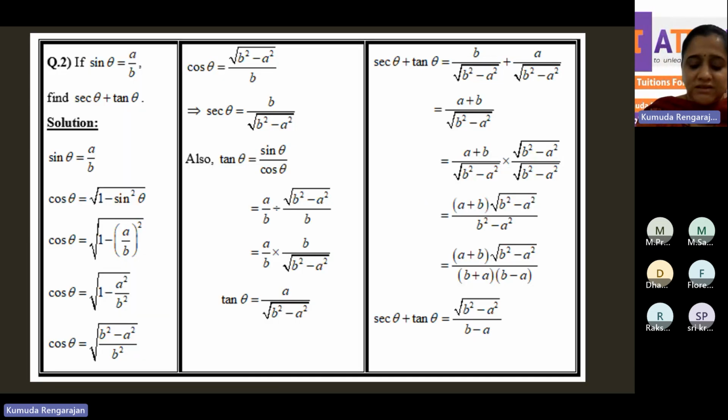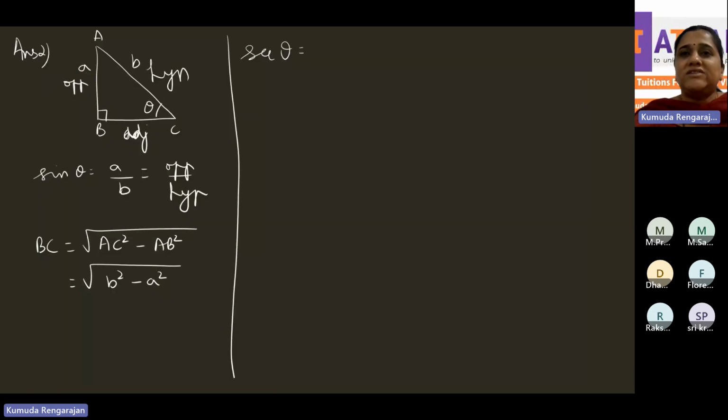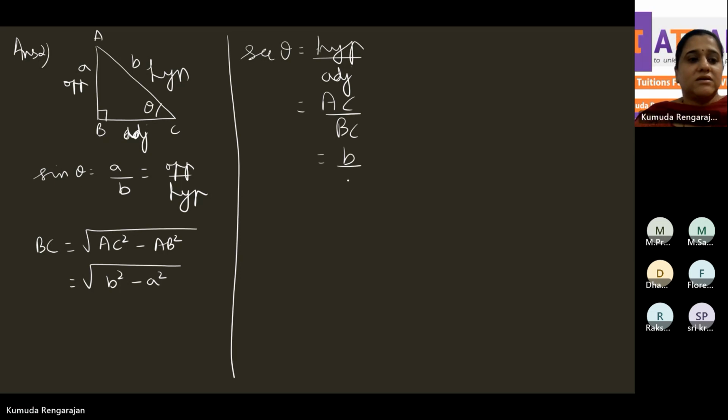So now we need to find secant theta plus tan theta. So let's write secant theta first. Secant theta is hypotenuse by adjacent. Here, hypotenuse AC by adjacent BC.